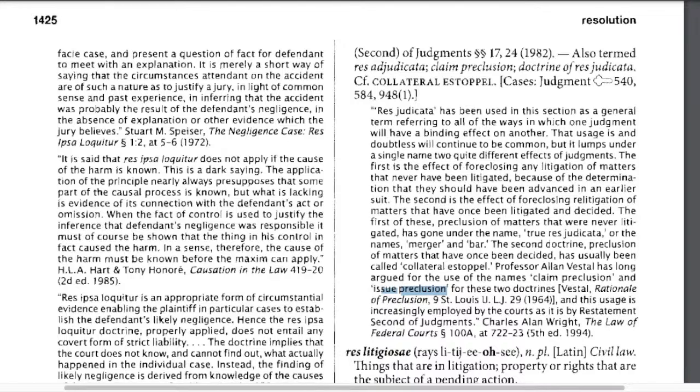Wow, that's nice. That's rather more clear. Claim preclusion and issue preclusion for these two doctrines. And this usage is increasingly employed by the courts, as is by the restatement of second judgments. So, there we go. Deep dive into res judicata.